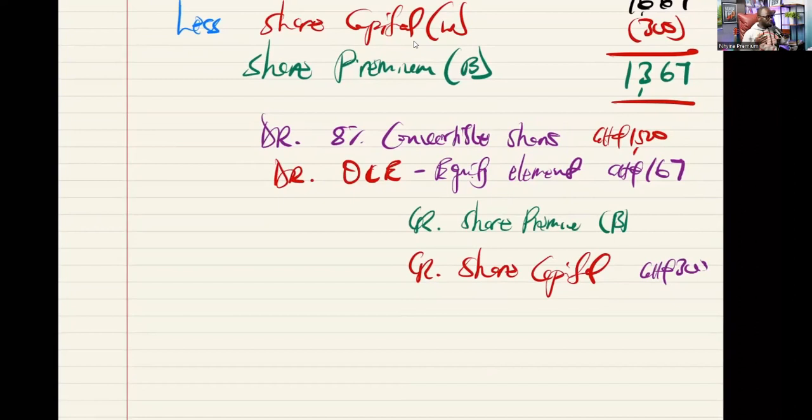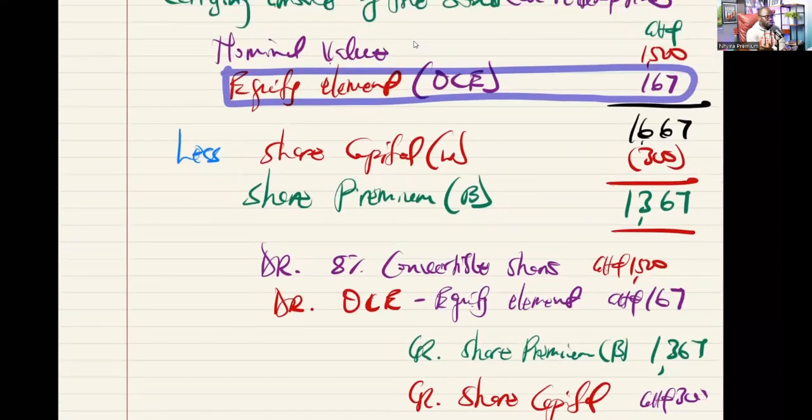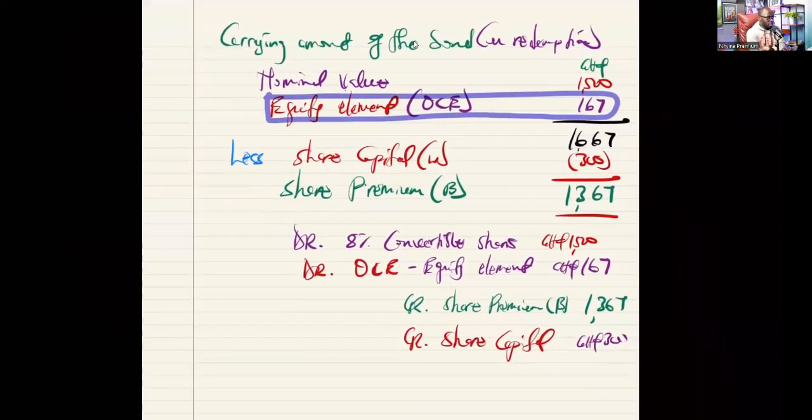So this is the journal entry for what happens on redemption. Like I said, this is the part of financial instruments that the examiner hasn't brought yet. What will happen in the financial statement if bondholders are converting?